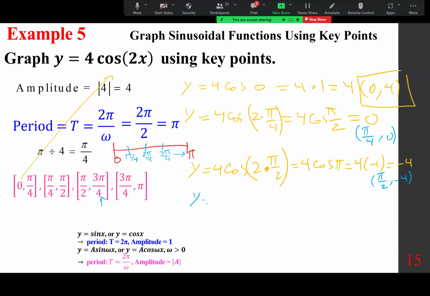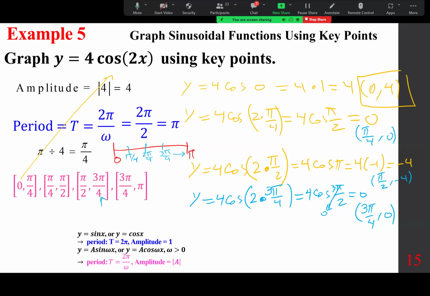Now the next one would be 3 pi over 4. So y equals 4 cosine of 2 times 3 pi over 4, which makes it 3 pi over 2, which makes it 0, which gives us the pair 3 pi over 4, 0.